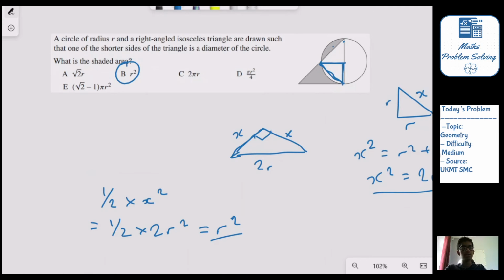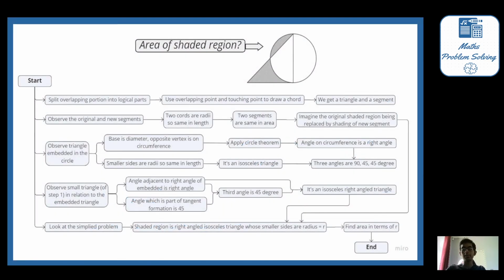Now let's go back to our flowchart quickly, so we can identify exactly what steps we used to solve this problem. As mentioned earlier, we split into two logical segments.